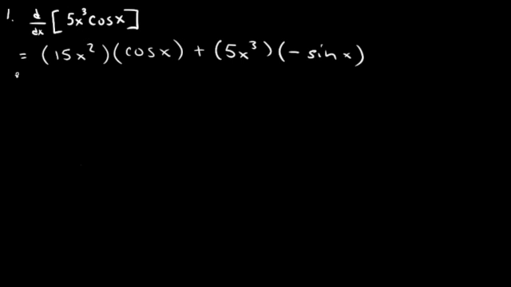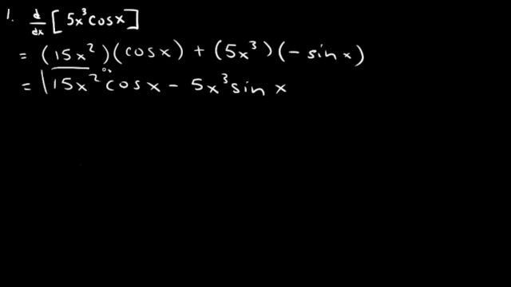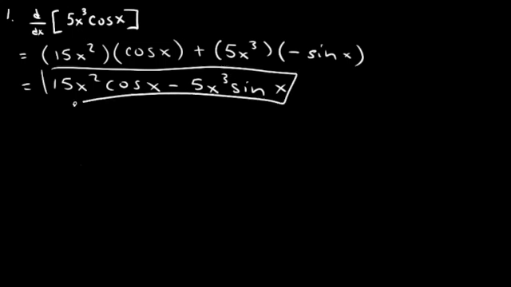Now we simplify, so we get this equals 15x squared cosine x minus 5x cubed sine x, and this would be your answer. So fairly straightforward, just applying how we found derivatives in the previous video, it's just a few more steps and very simple.